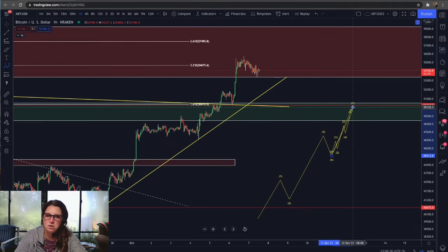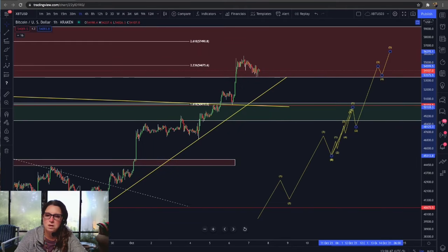The key here is that your wave 2 doesn't give you a sharp rejection. It comes back shallow to the 236, the 382, and you get your wave 2, and then you get your wave 3, 4, 5. And that's what happens and creates an extended fifth wave.